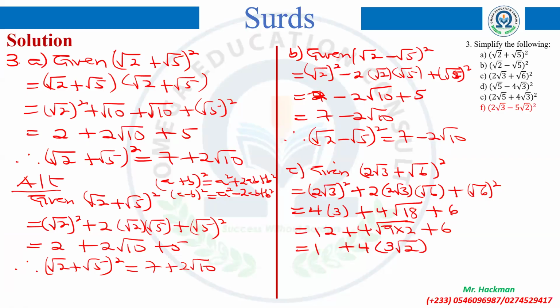Is that clear? Then I remove the brackets, and I'm done. So I can draw my conclusion at that point. 2 root of 3 plus root of 6, all squared, will be equal to 18, then I multiply and I get plus 12 root of 2. All correct.